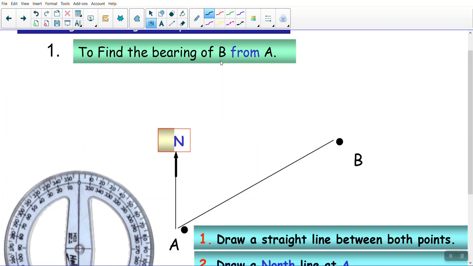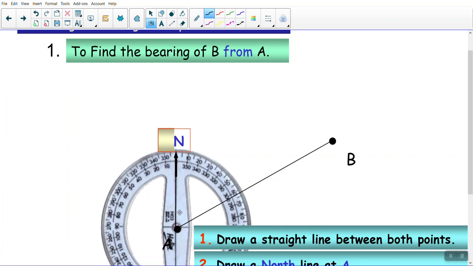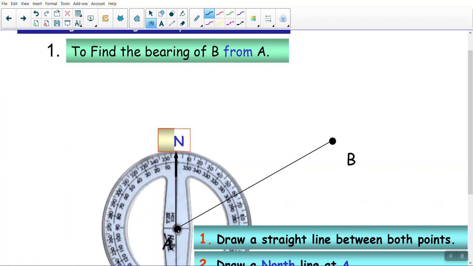Because it is from A, we go to the point A, and at point A, we draw a north line. Then to measure the bearing, we place the protractor at the north at point A, and the north is at the 0. This is a 360-degree protractor. Then check this line. Where is it?